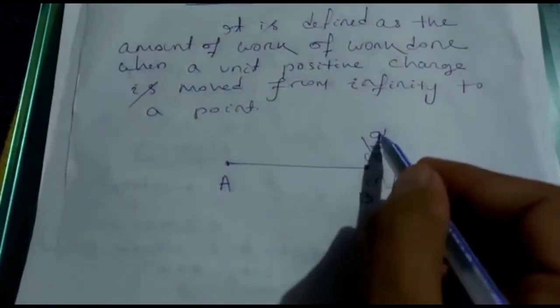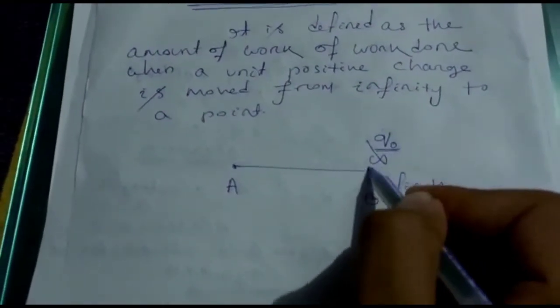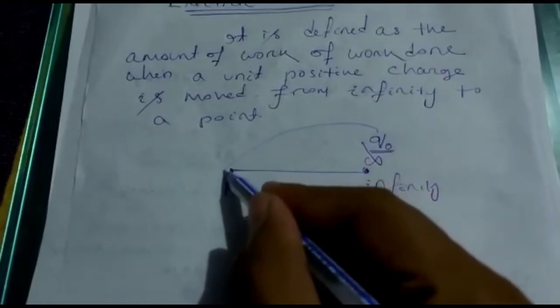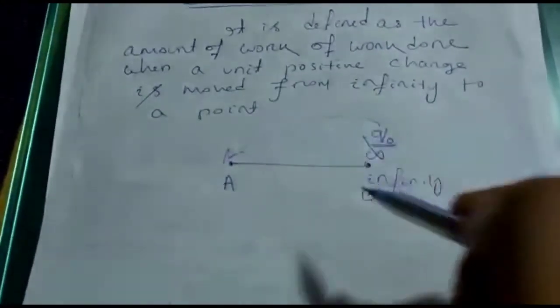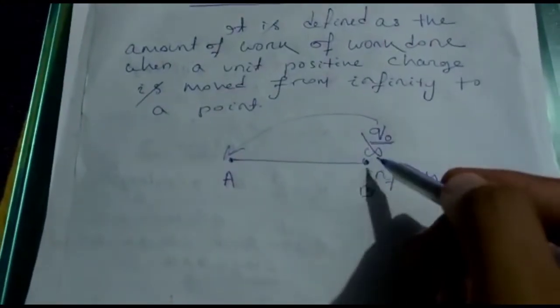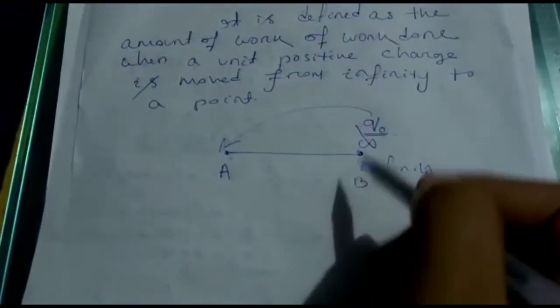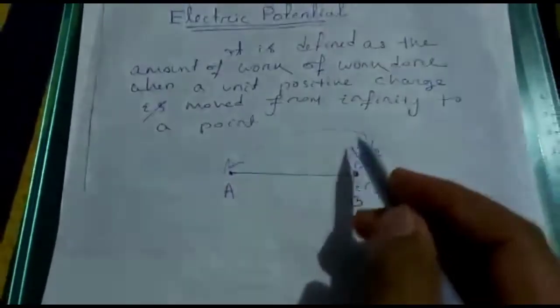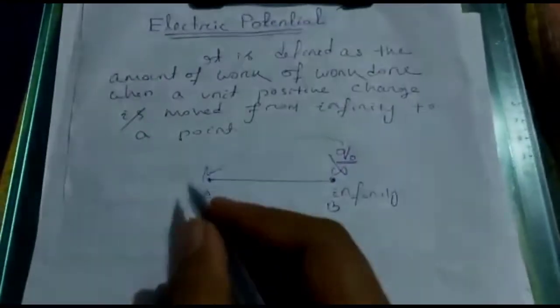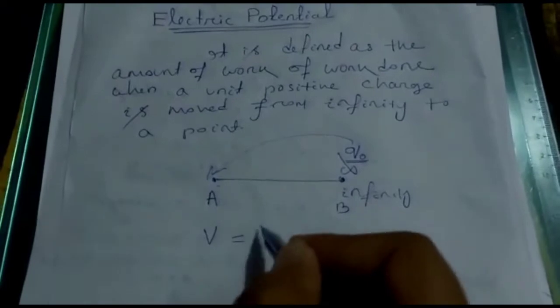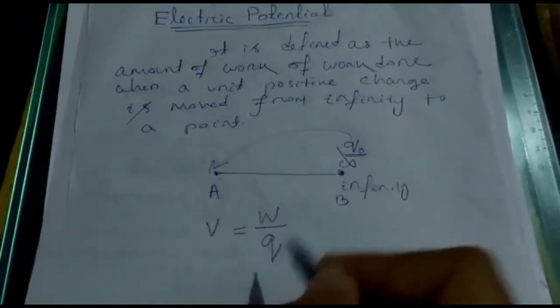You want to move the charge Q naught from infinity to a given point A. You need some work done. You have to do some work done to move the charge from this point to this point. That amount of work done is known as electric potential. Okay. So electric potential V equal to W by Q, work done by charge.